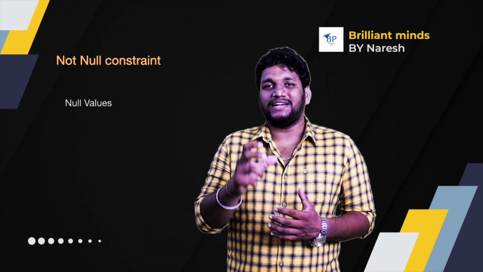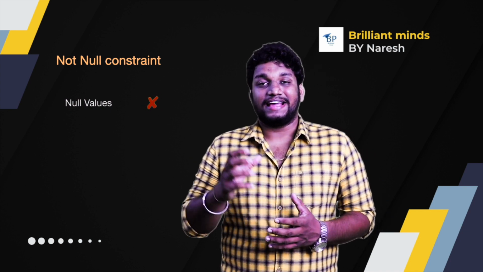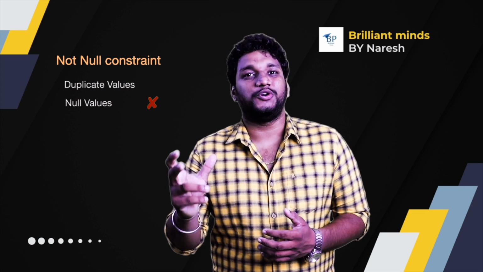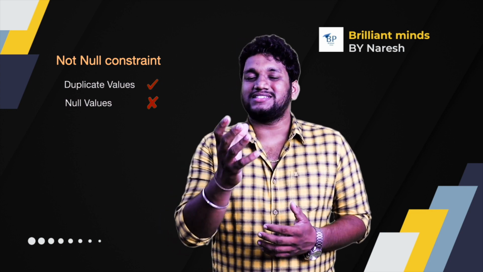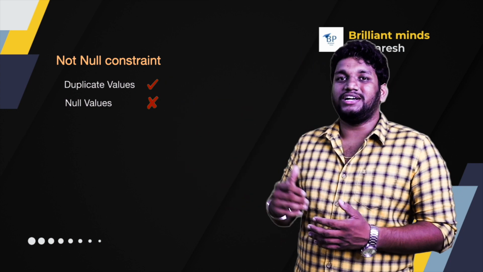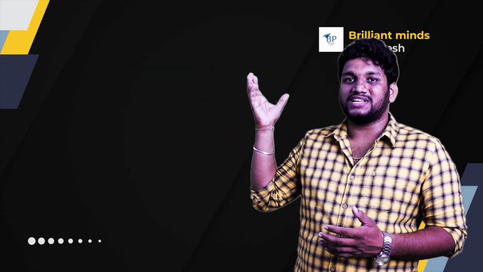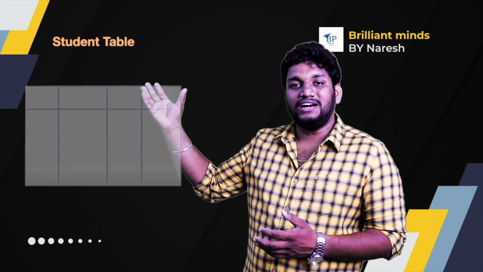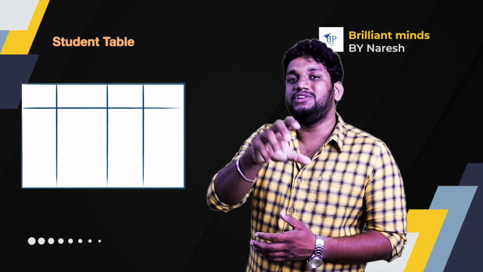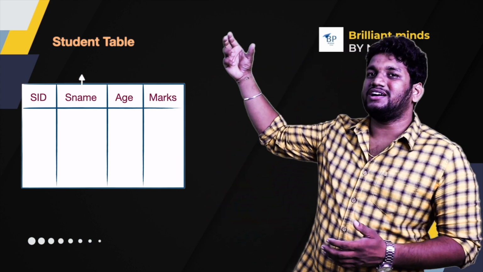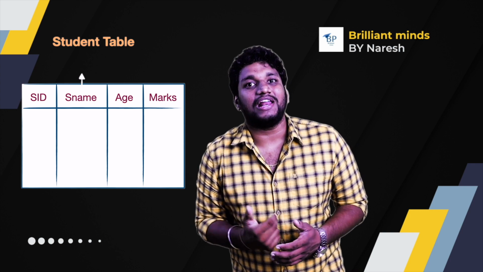Not null constraint ensures that a particular column of a table cannot allow the null values, but it can allow the duplicates. Let me take the same student table here. Now here in student table, you can see the same columns as student ID, student name, age and marks. Here for student name, I'll be using this not null constraint. Suppose if I use this not null constraint for student name, what will happen?